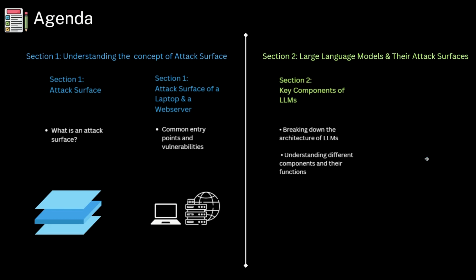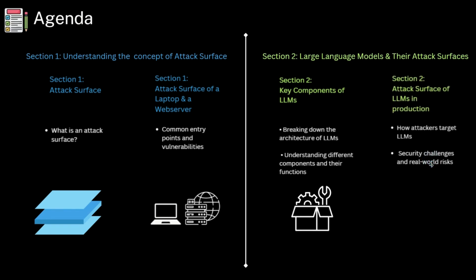Then in section 2, we will zoom into large language models, breaking down their key components and understanding their attack surfaces. We will then analyze how attackers target them and explore some real world risks associated with the LLMs in production. So by the end of this session, you will have a solid grasp of how attack surfaces work and why LLMs require a different security approach compared to traditional IT systems.